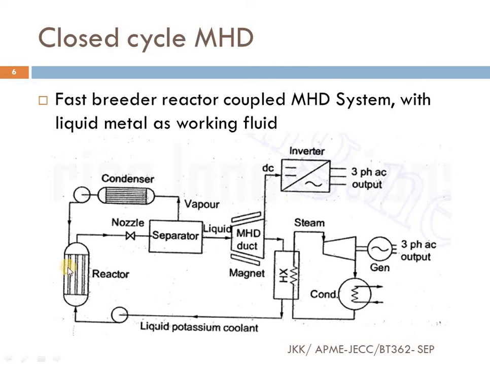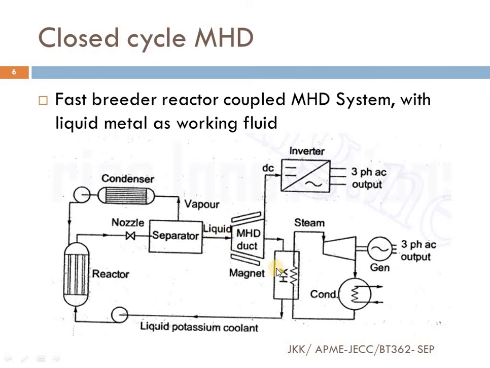Here this is the fast breeder. In the nuclear reactor we are actually generating heat, so liquid potassium or another liquid metal will normally be used to extract this heat energy. Here it is shown as liquid potassium. The high temperature liquid potassium will be drawn from the reactor, and its vapors will be separated, and the hot liquid potassium will be passed through the MHD chamber.